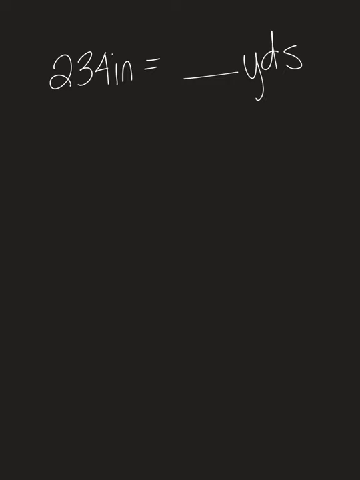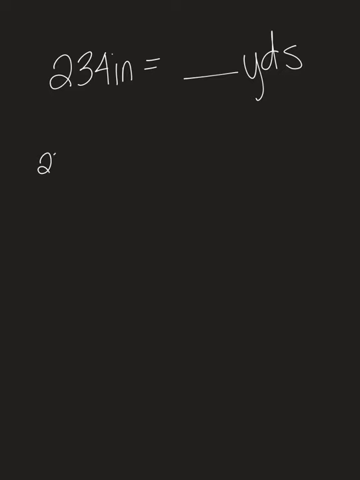So let's look at another example. If I have, let's say, 234 inches, and I want to find out how many yards. So we're going to still set up this unit fraction.